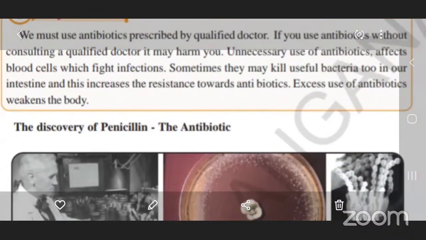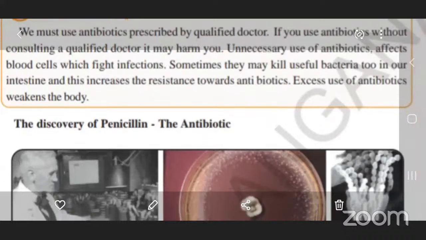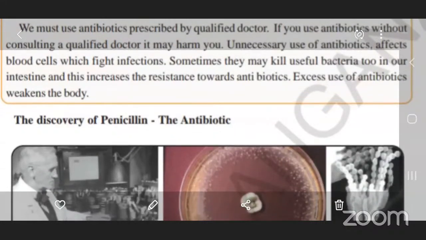It affects the blood cells which fight infections, which fight against microorganisms, like WBC, white blood cells, granulocytes, agranulocytes. Different types are there.